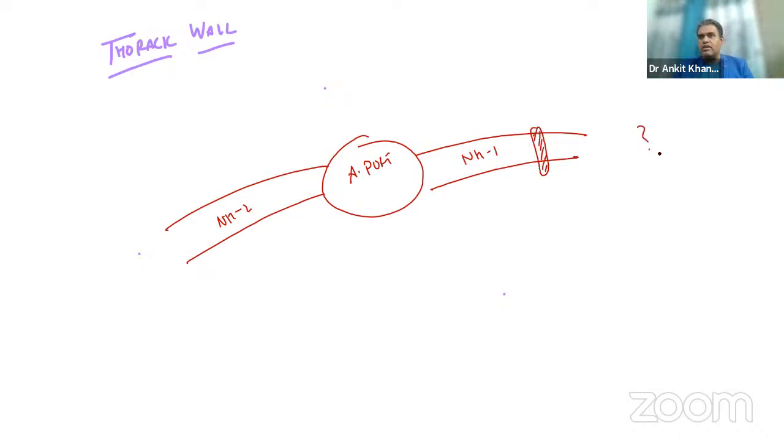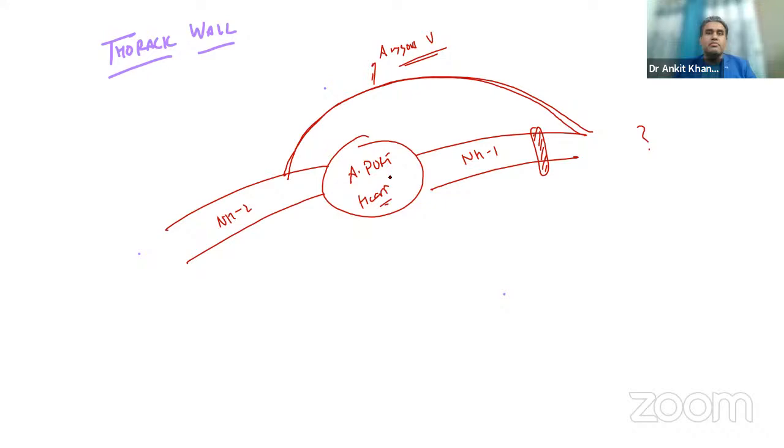What will happen to the entire big city? All the clients, customers and passengers, what will happen to them? At that time, there's a small road which goes from NH1 to NH2. That is the azygos vein, and this airport is nothing but the heart. Remember it like that.